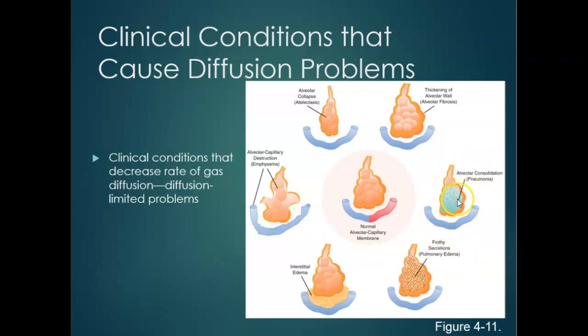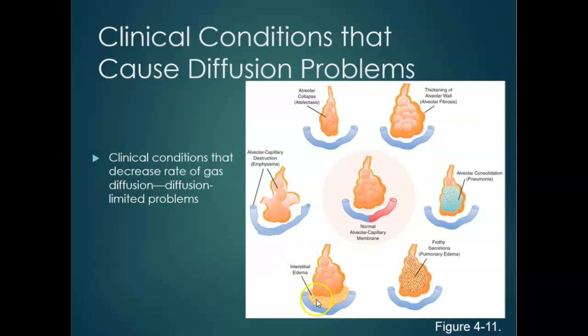Consolidation, pneumonia. There's no oxygen getting into this alveoli, so it's kind of wasted perfusion here. This can't be ventilated, so all of this perfusion is going past an unventilated alveoli, just like with the atelectasis. Pulmonary edema creates the same scenario, where you have a lot of fluid filling up that alveolar space, so ventilation can't get in.